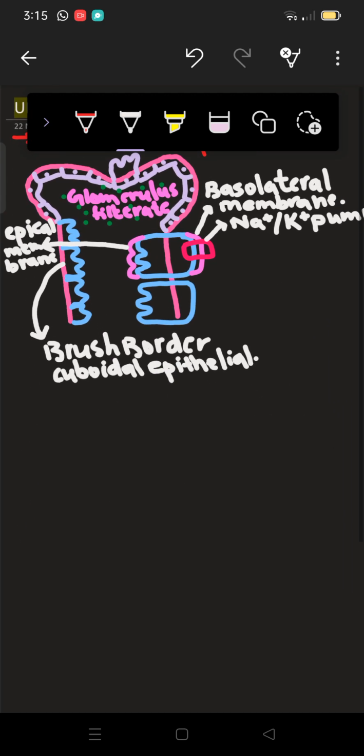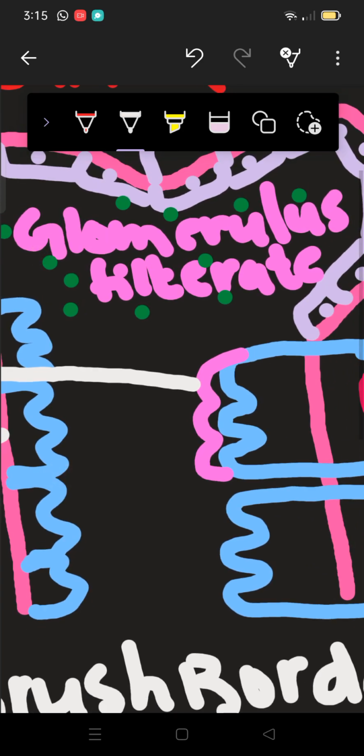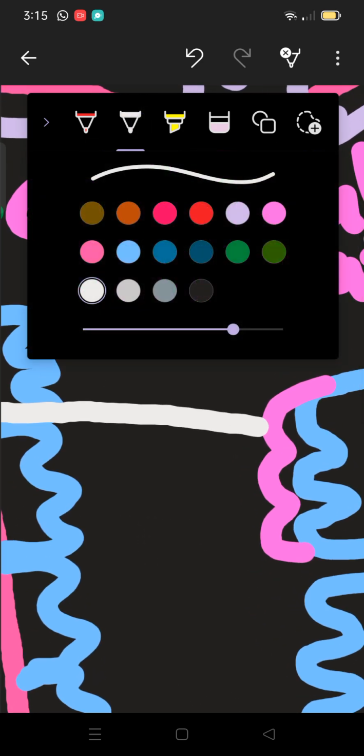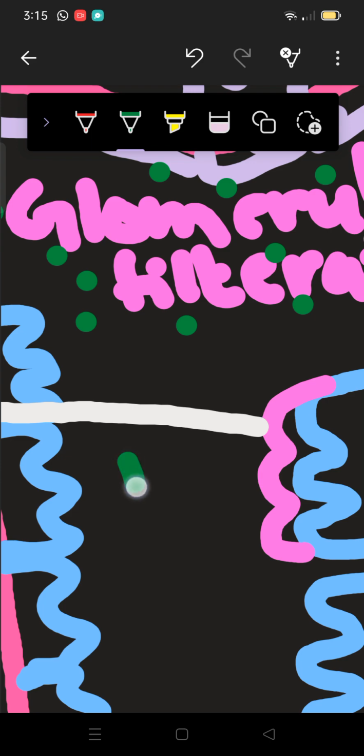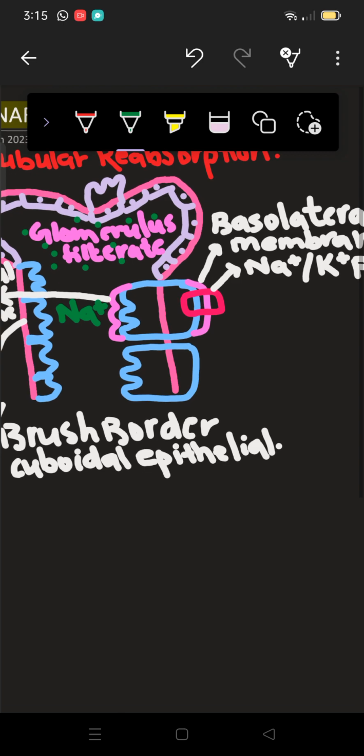Now we know that in the glomerular filtrate there would be sodium ions as well, and the sodium ions have to go out.